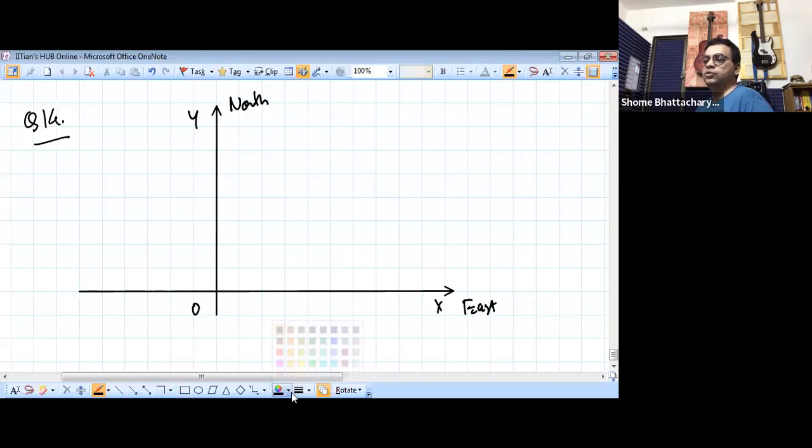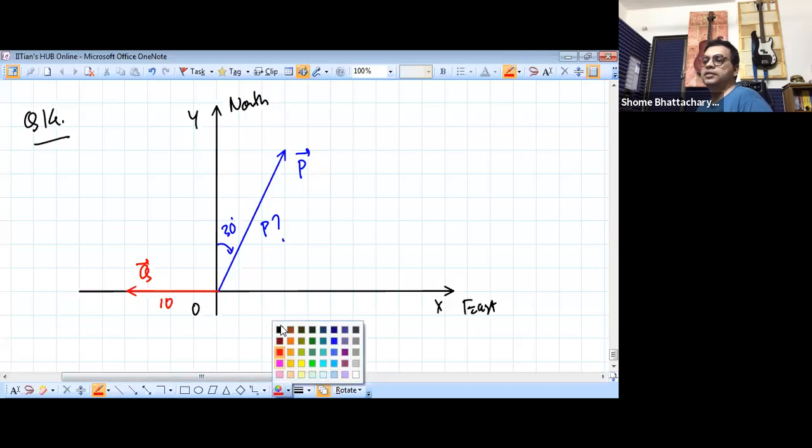So now what is the information that I am given in the question? I have some vector P whose magnitude I don't know, but I know its direction is 30 degrees east of north. So this angle is 30 degrees. I have another vector, let's say Q, that is pointing towards west, and its magnitude is also known. Its magnitude is 10.